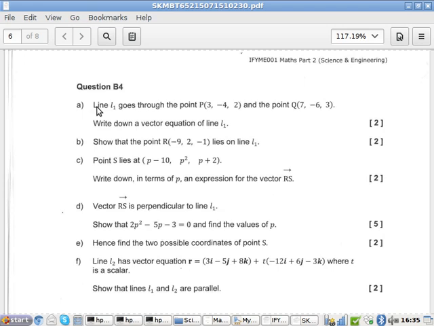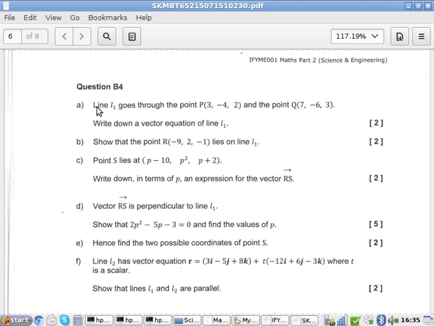A plus T. This is the equivalent of Y. What is the first part?